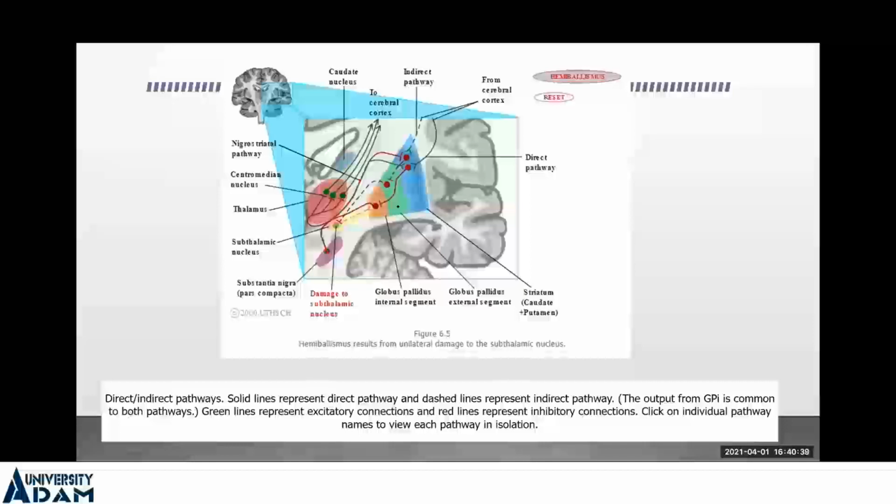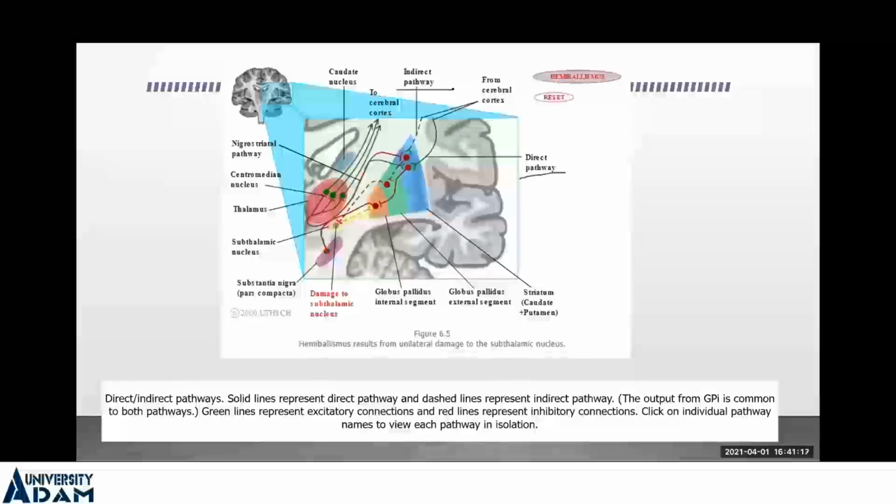So normal functioning of the basal ganglia apparently involves a proper balance between the activity of these two pathways, okay? So guys, we have a hypothesis that the direct pathway selectively facilitates certain motor or cognitive programs in the cerebral cortex that are adaptive for the present task, and the indirect pathway simultaneously inhibits the execution of competing motor programs, okay?